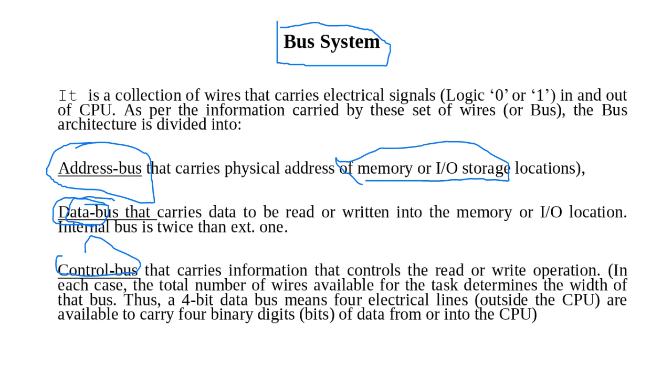So it may be 8 bit, it may be 16 bit, depends on the system that carries the data. It actually carries the data information to be read or written. We can write some data into memory devices, or input output system, or we can read data from the keyboard.